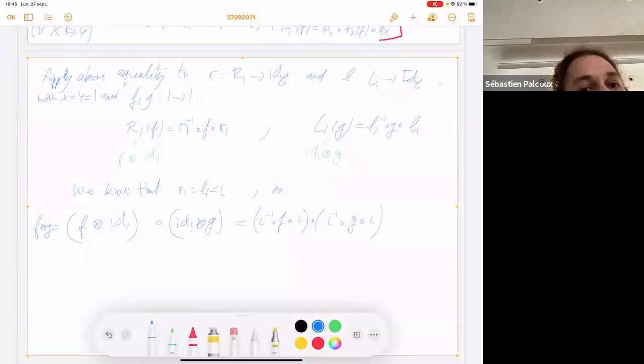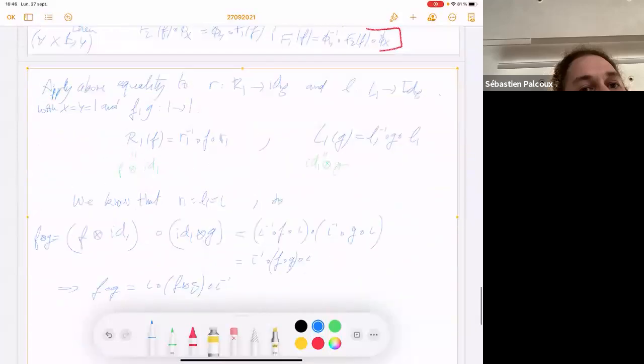So you can simplify iota inverse. So this is iota inverse, compose F, compose G, compose iota. And so F compose with G is equal to iota compose F tensor G, compose iota inverse. So this is one.